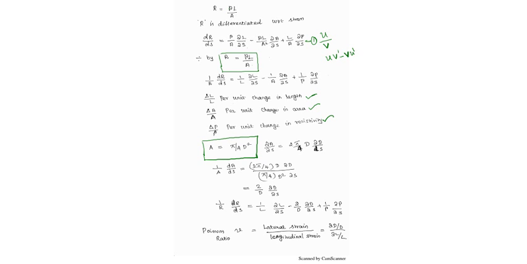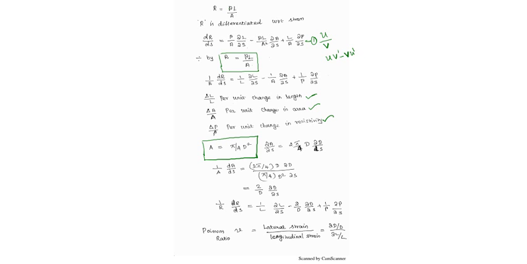You all know the area formula, A equals pi by 4 into d square. I am going to differentiate this expression. So I will have ∂A by ∂S equal to 2 into pi by 4 into d into ∂D by ∂S. The same expression I multiply by 1 by A into dA by dS.